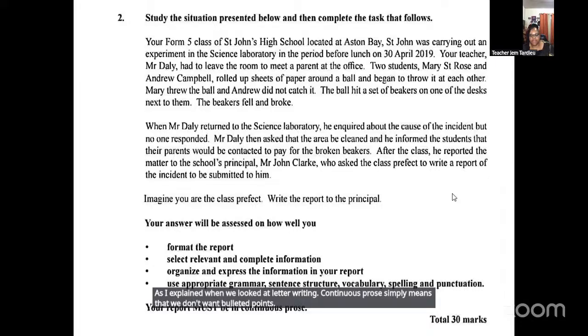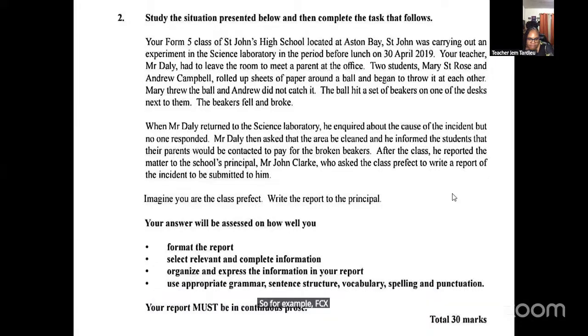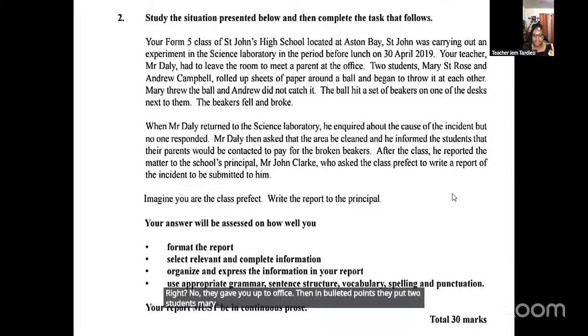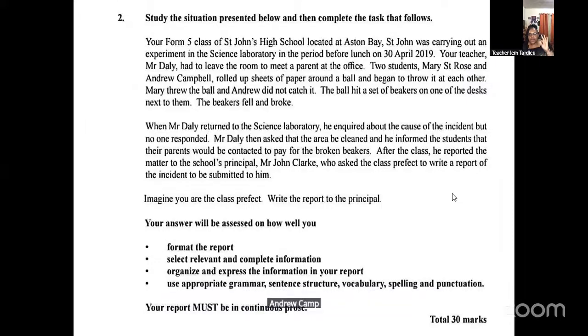So for example, if CXC had taken this same stimulus or this same prompt, and instead of writing out what happened, they gave you bulleted points, like 2 students, Mary St. Joe's, Andrew Campbell, then sheets of paper, and class fight or class throwing of paper.